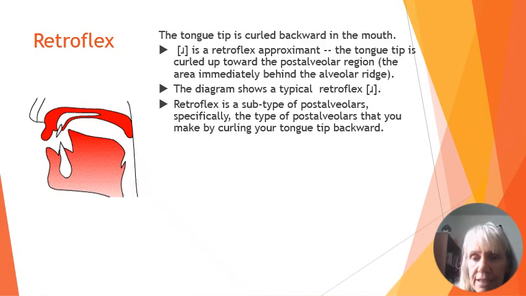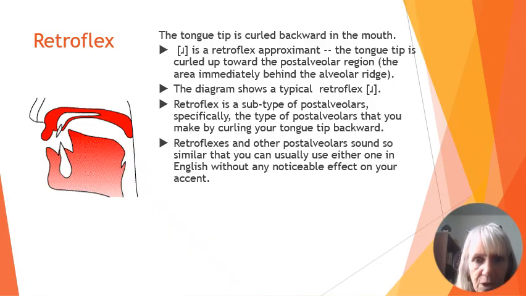Now, retroflex is a subtype of post-alveolar, specifically the type of post-alveolars that you make by curling your tongue tip backwards. There are other ways to make that sound. Retroflexes and other post-alveolar sounds are so similar that you can usually use either one in English without any noticeable effect on your accent.